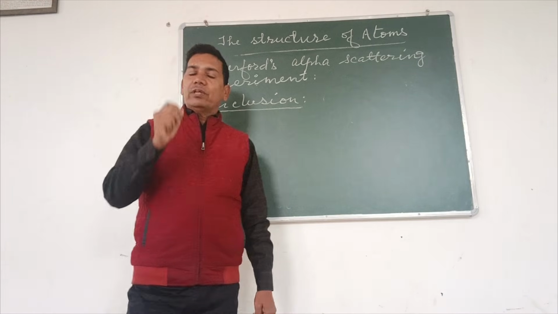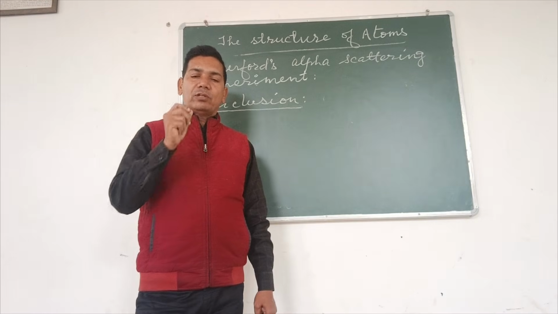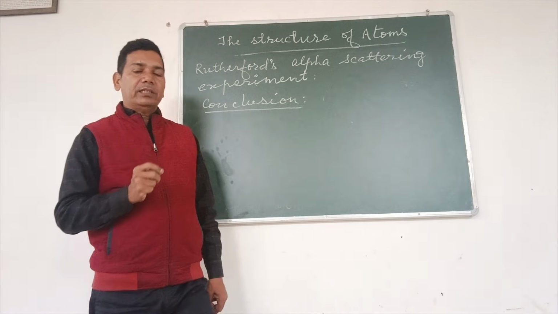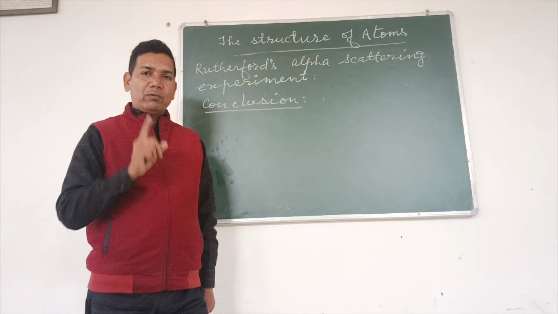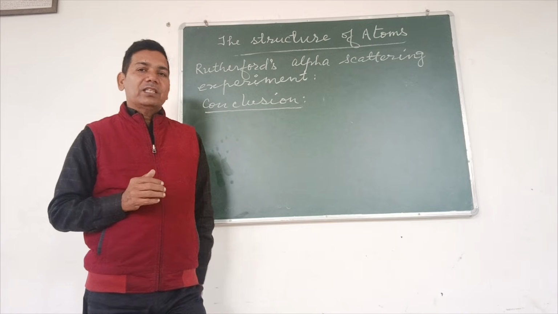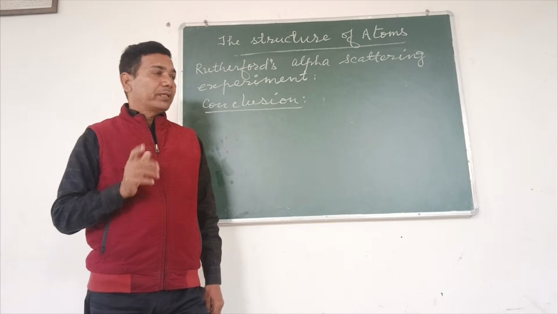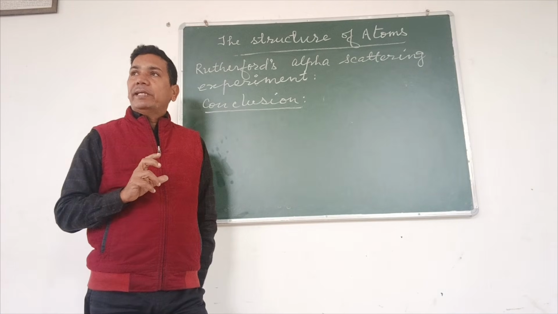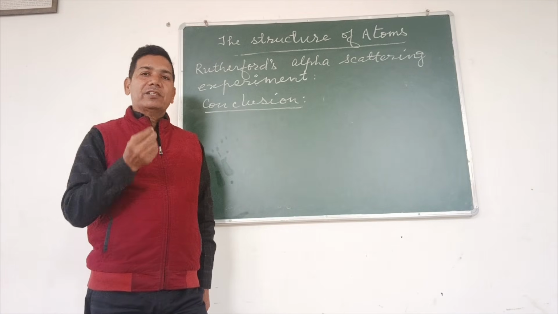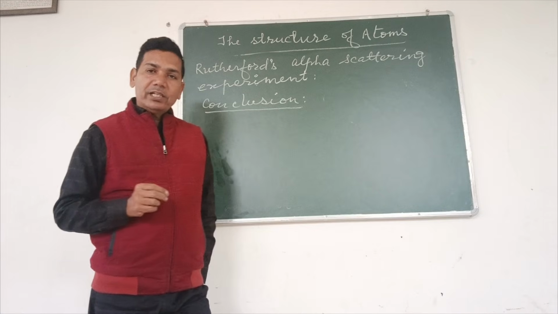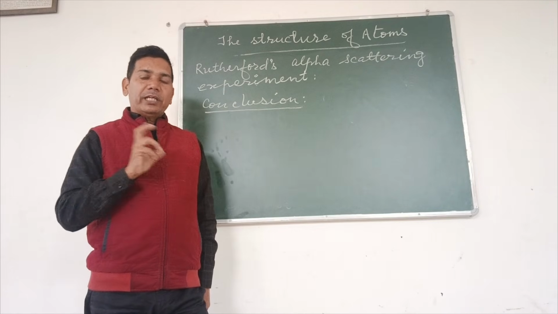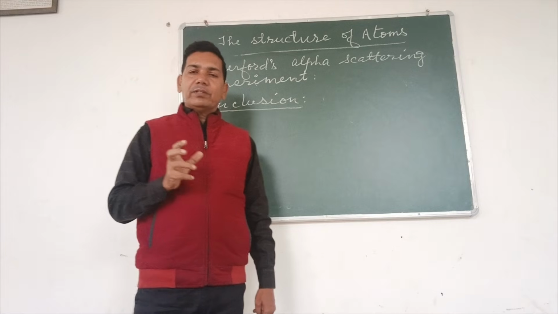So in a nutshell, we can say the conclusions of Rutherford are as follows. Number one, most of the space inside an atom is empty. The whole mass of an atom is imagined to be concentrated at a very small space called nucleus. The negative charges are distributed in the atom.